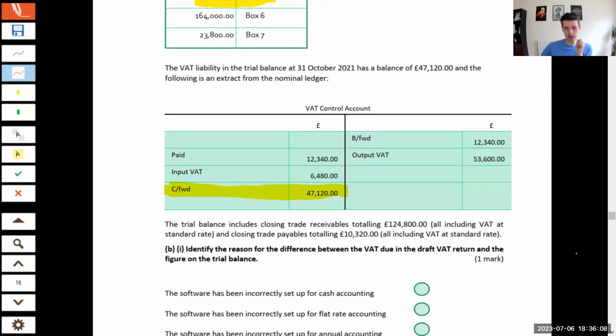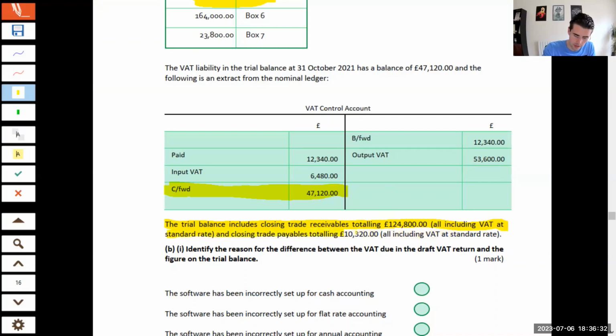Because I can appreciate you can look at this and go, all right, what do I do? I've just got a load of figures. They have to give me some sort of inclination about what is actually happening here. I think it's quite interesting. They've given me this bit: the trial balance includes closing receivables and closing payables.